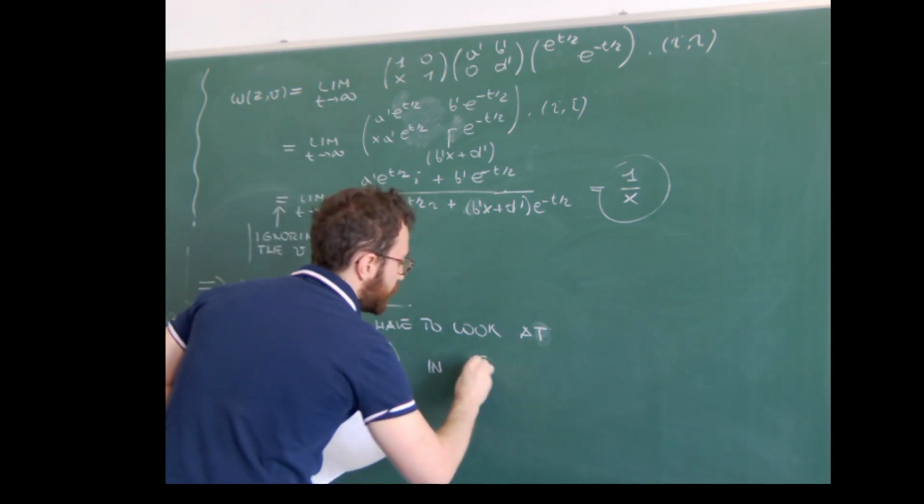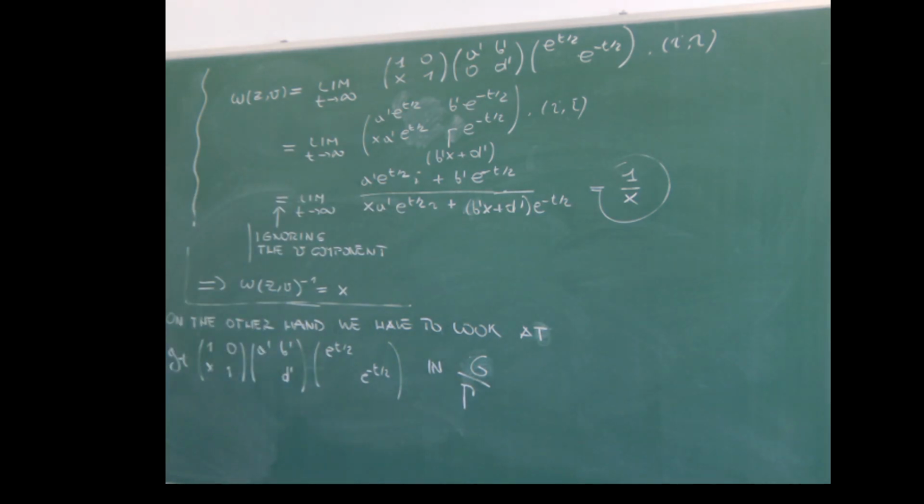in G mod gamma, right? So one side of the correspondence is the visual map, and we've computed this number that we're interested in, and so the other side of the correspondence is the behavior of this orbit inside G mod gamma.